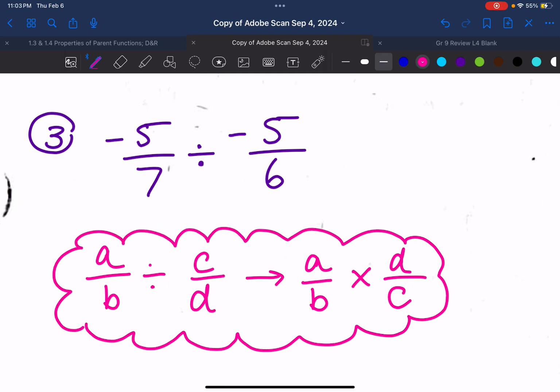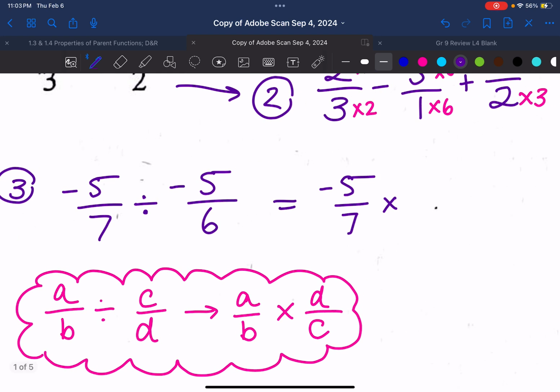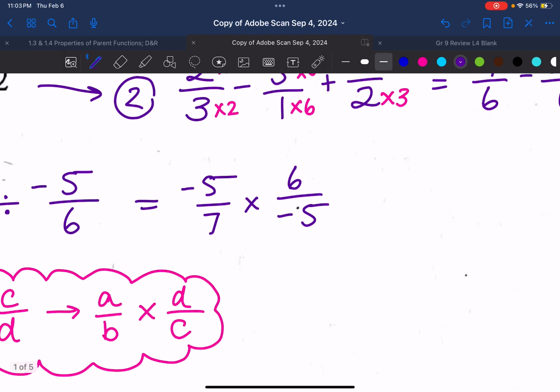And we're just going to apply this same rule up here. So if I am keeping the first fraction the same, doesn't change, then I know that I need to switch this to multiplication, and I'm going to flip the fraction. So instead of negative 5 over 6, this is now going to be 6 over negative 5. Again, you could times top with top and bottom with bottom and then simplify from there.